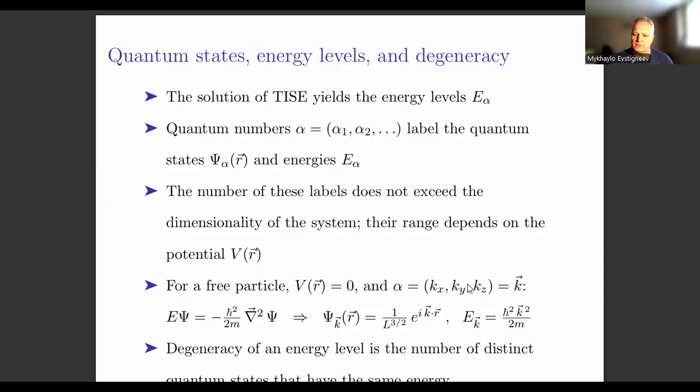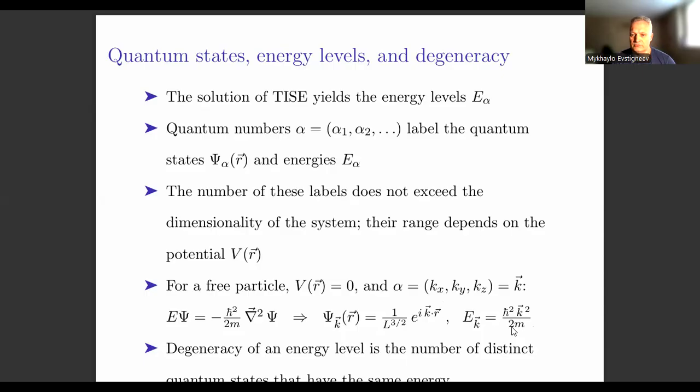All right. Now, this solution perfectly illustrates the concept of degeneracy. The energy in the state characterized by the wave vector k is h bar squared times the magnitude squared of the vector k divided by 2m. You can have many possible values of the wave vector k whose magnitude squared is the same. And this is the concept of degeneracy.